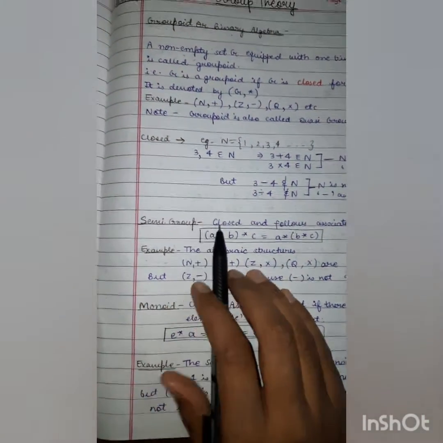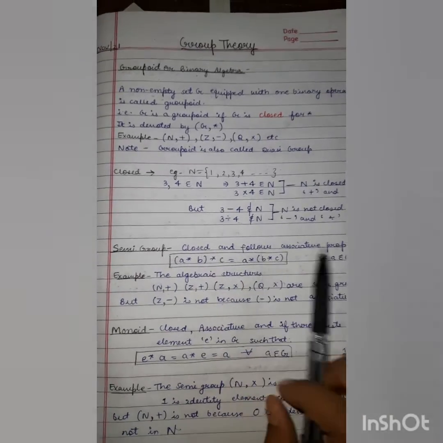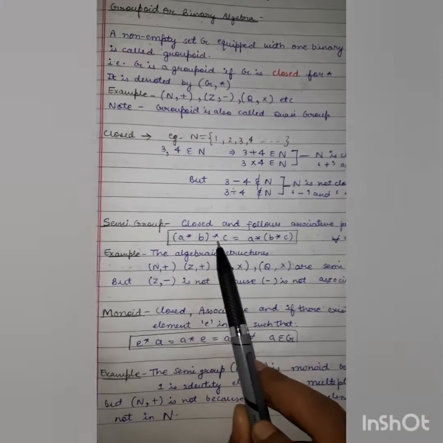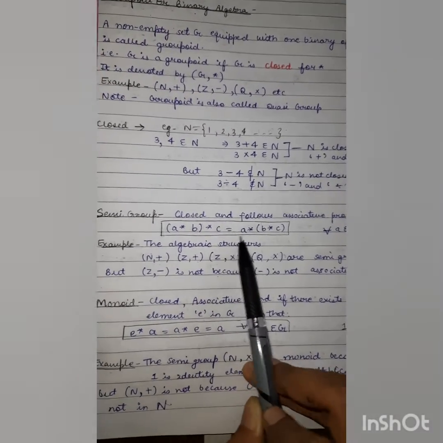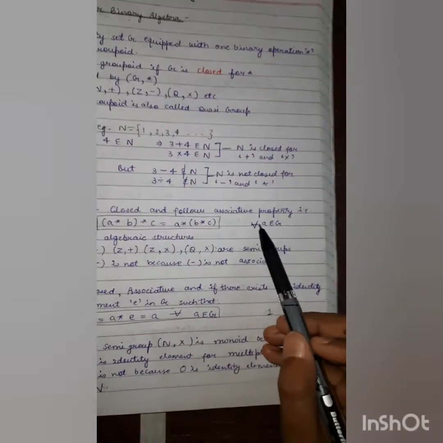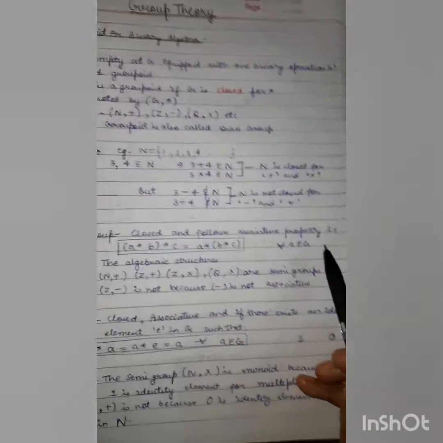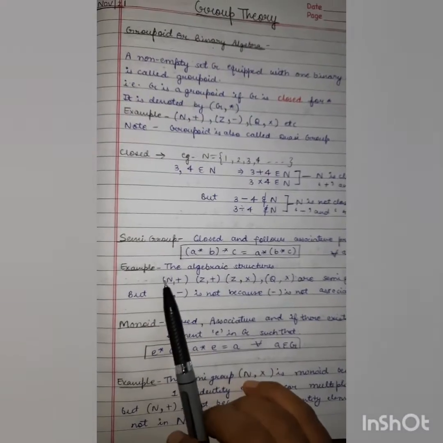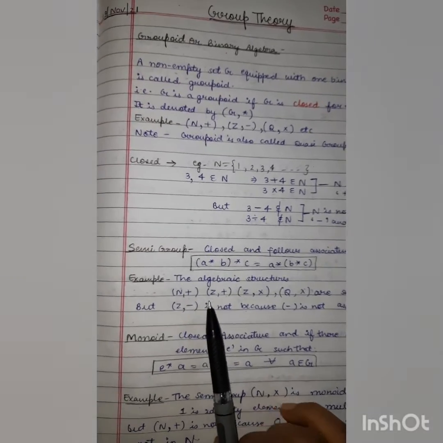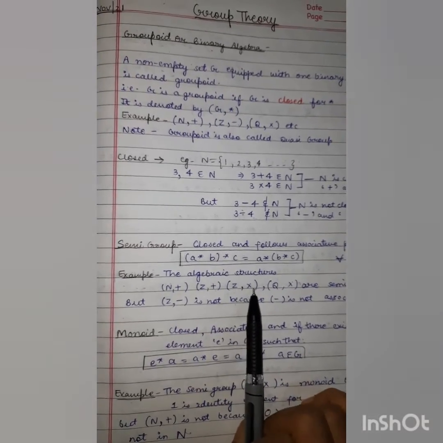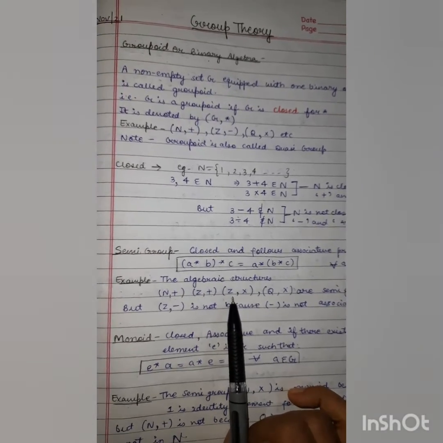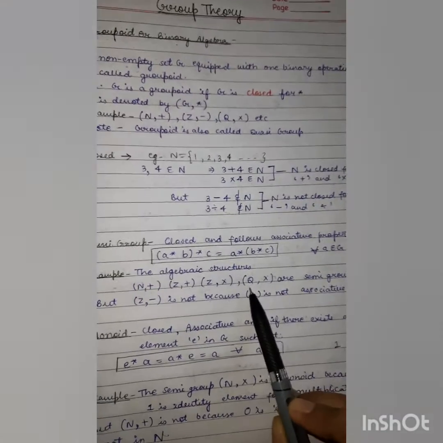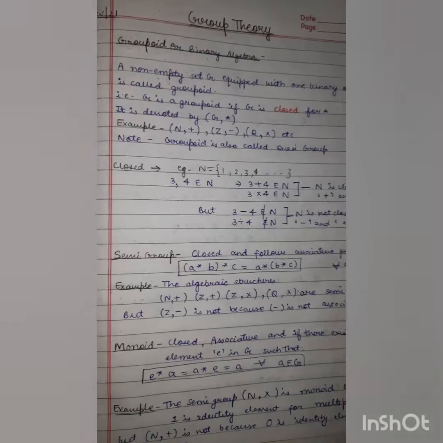Now semigroup: if it is closed and follows associative property, that is, A star B star C is equal to A star B star C, for every A, B, C belonging to G. For example, the algebraic structures N for addition operation, Z for addition, Z for multiplication, where Z means integers, and Q for multiplication, where Q means rational numbers, are semigroups.